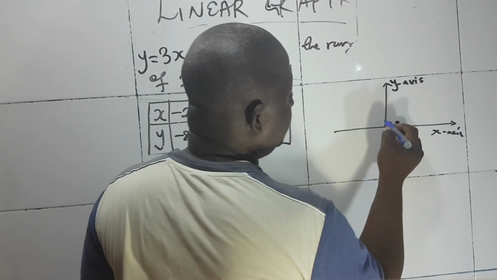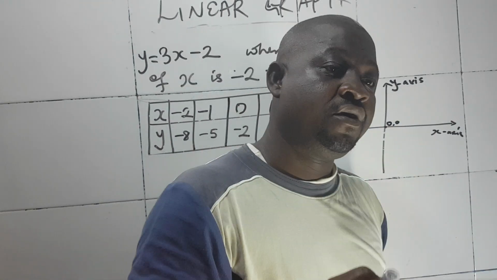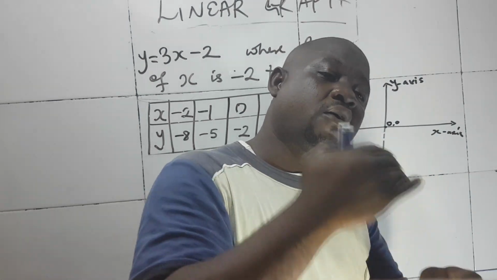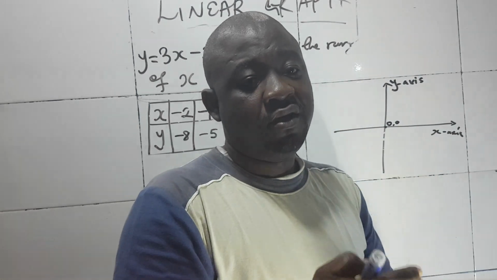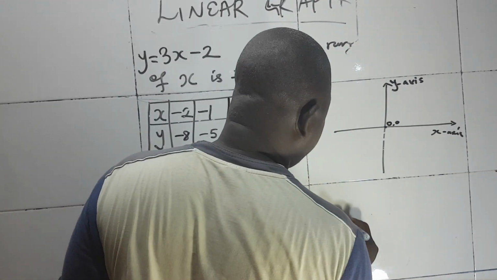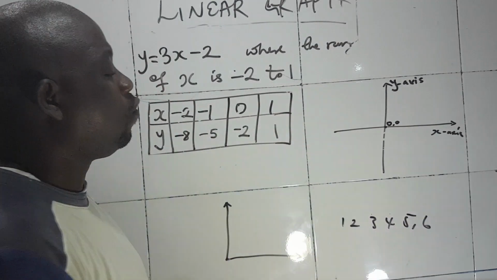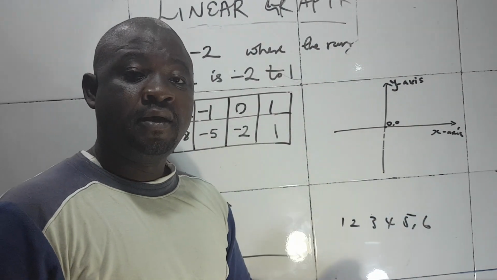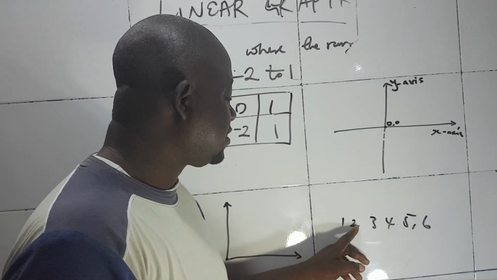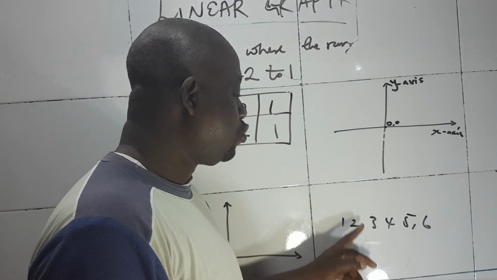And how do I mean? From here, when you are drawing your graph, there must be a constant common difference. If I say a constant common difference, it means that if I have 1, 2, 3, 4, 5, 6, and I ask you what is the constant common difference here? It means that if I subtract 1 from 2, I'm going to get the same value.